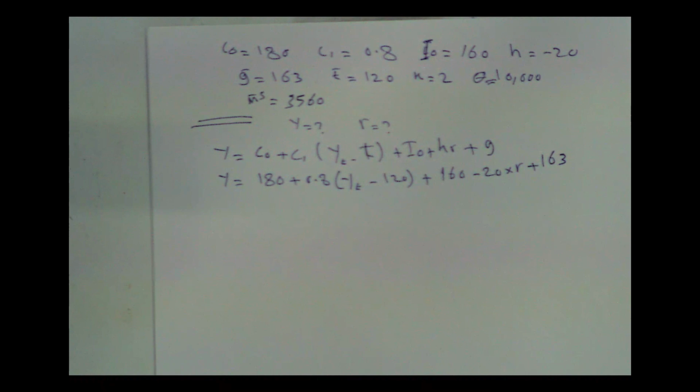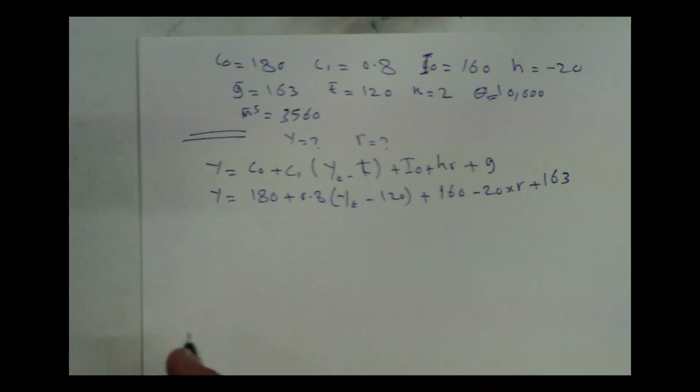If you simplify this, you get the IS equation. Then from the money market equilibrium, you get the LM equation. Make these two equal, then you get the answer. Is it clear? Can you read what I'm writing? It's very straightforward.